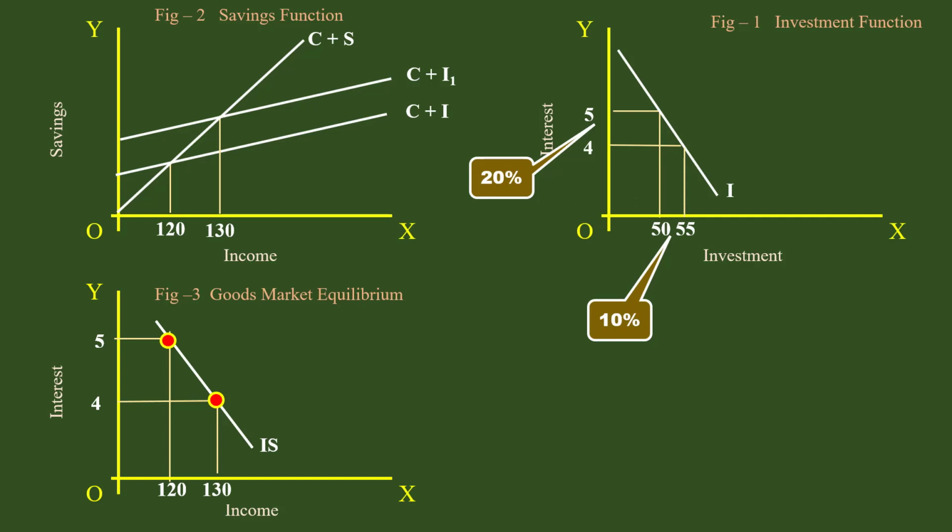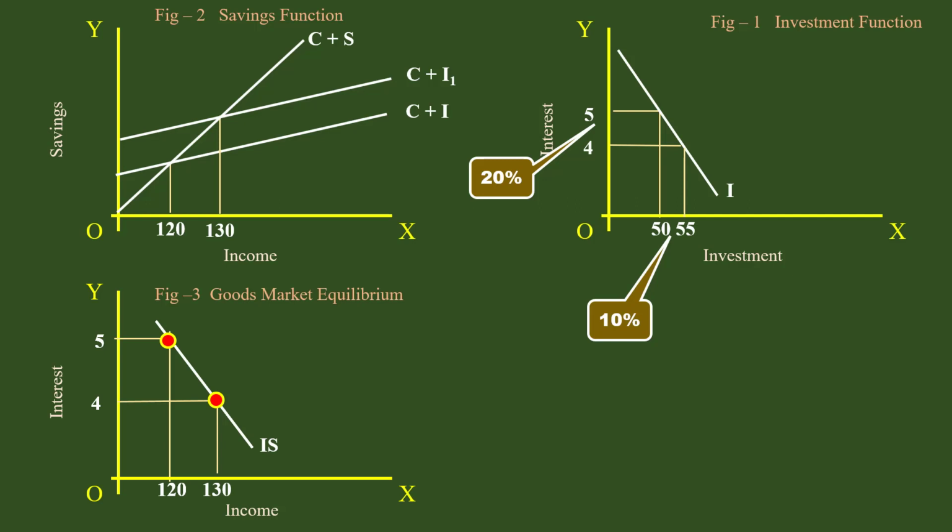Percentage fall in interest 20% is greater than percentage increase in investment 10%. Investment curve is relatively steep and inelastic. If it is so, the IS curve is also relatively steep and relatively inelastic.